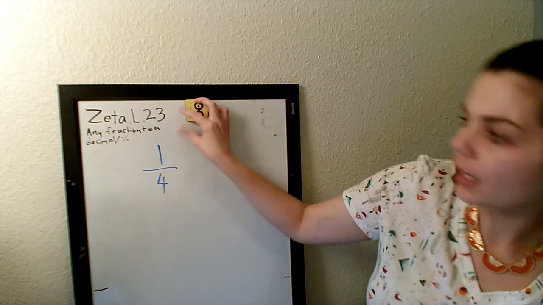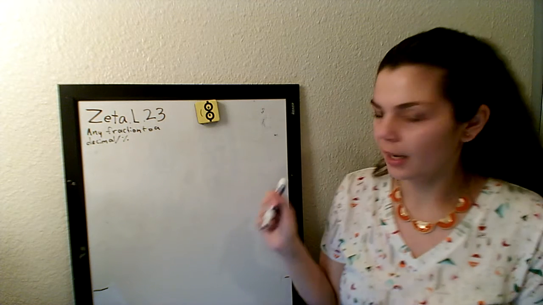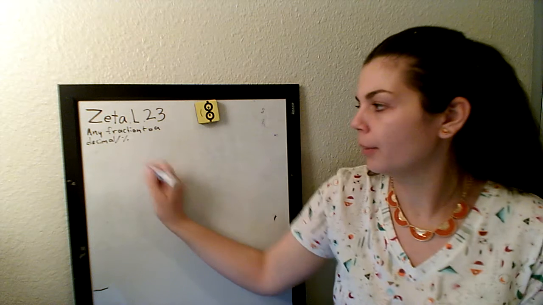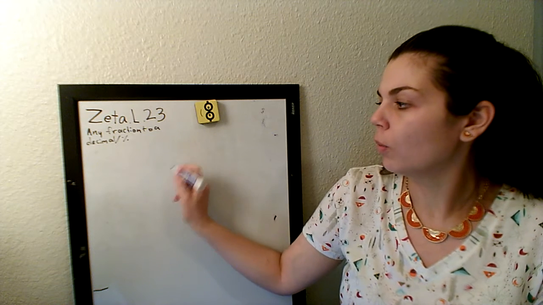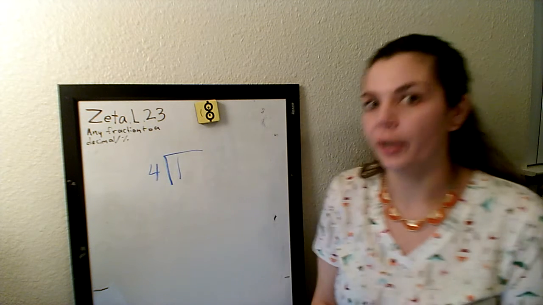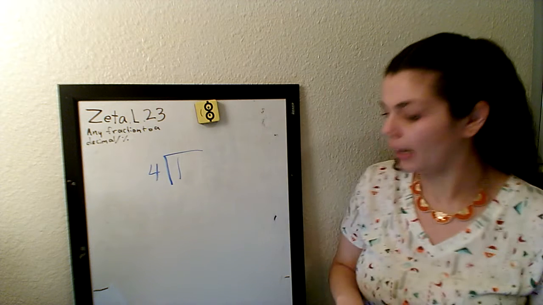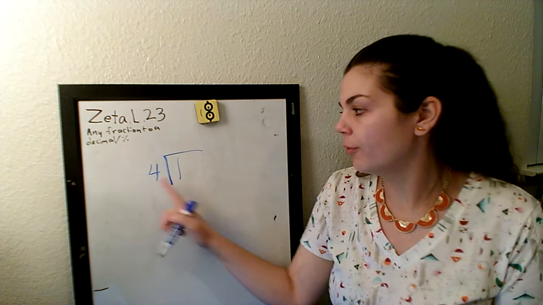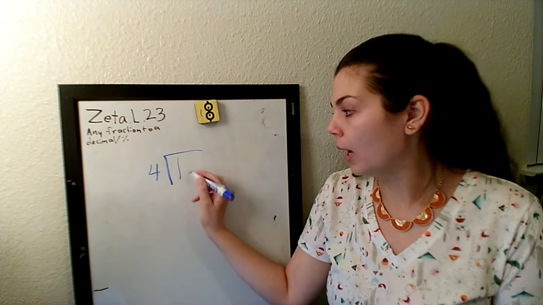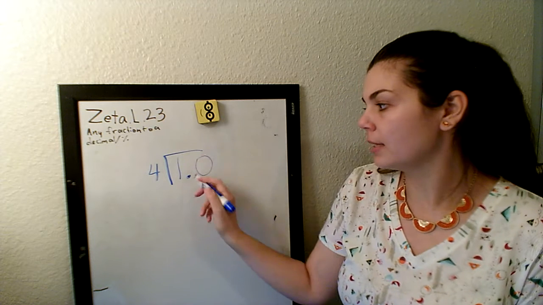So if I were to do this exactly as it is, I'm going to do my division problem. 1/4 is 1 divided by 4. Now, if we remember what we've been learning about, can I put 4 into 1? No, I need to put my point in and add my 0.